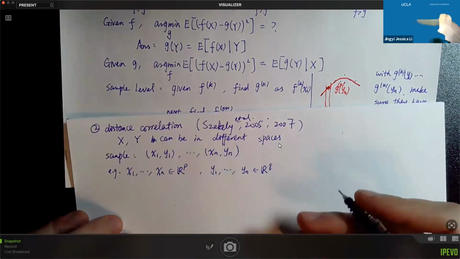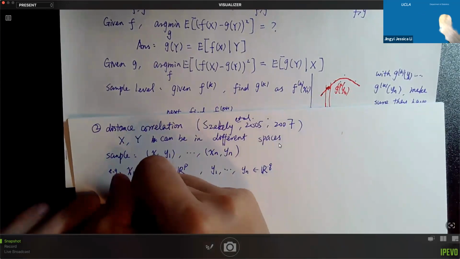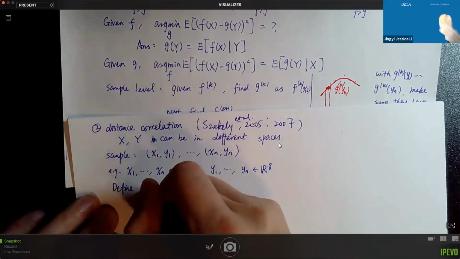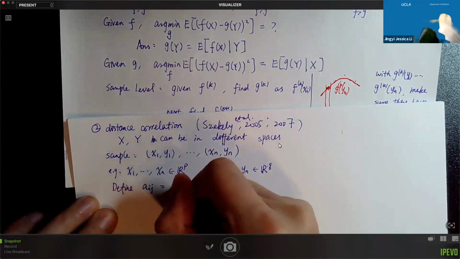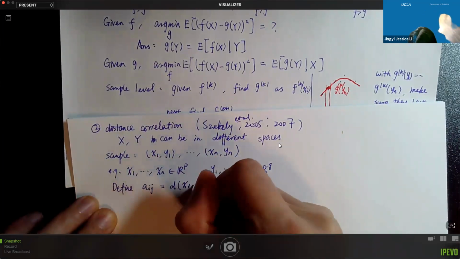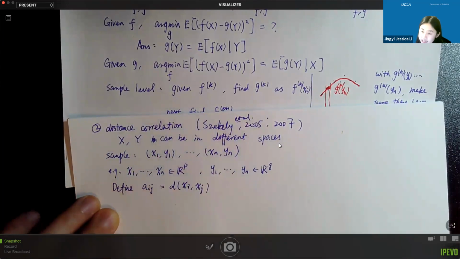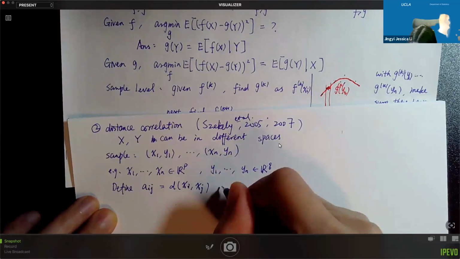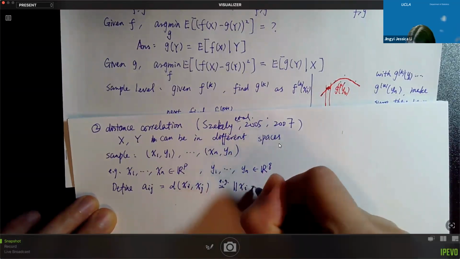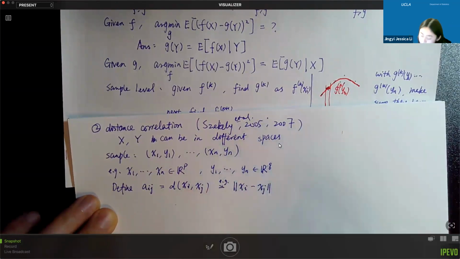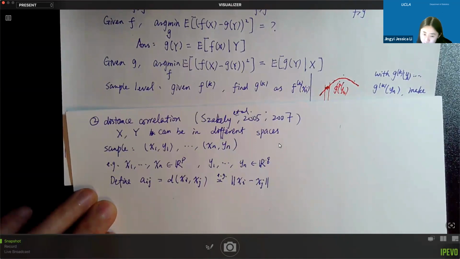So we can define Aij as the pairwise distance between xi and xj, between two patients in the X space. For example, it could be the Euclidean distance, or you may want to use another distance metric if you think Euclidean doesn't satisfy your needs.